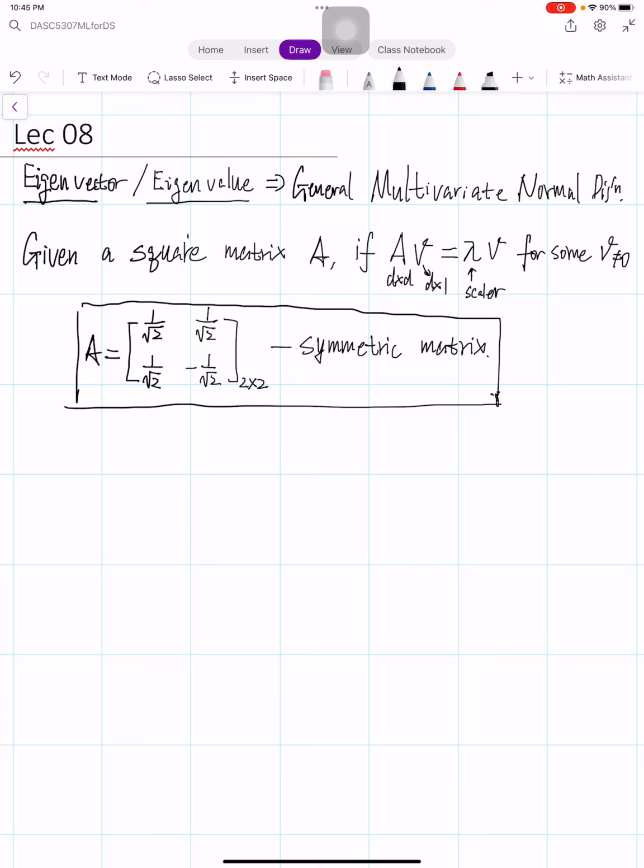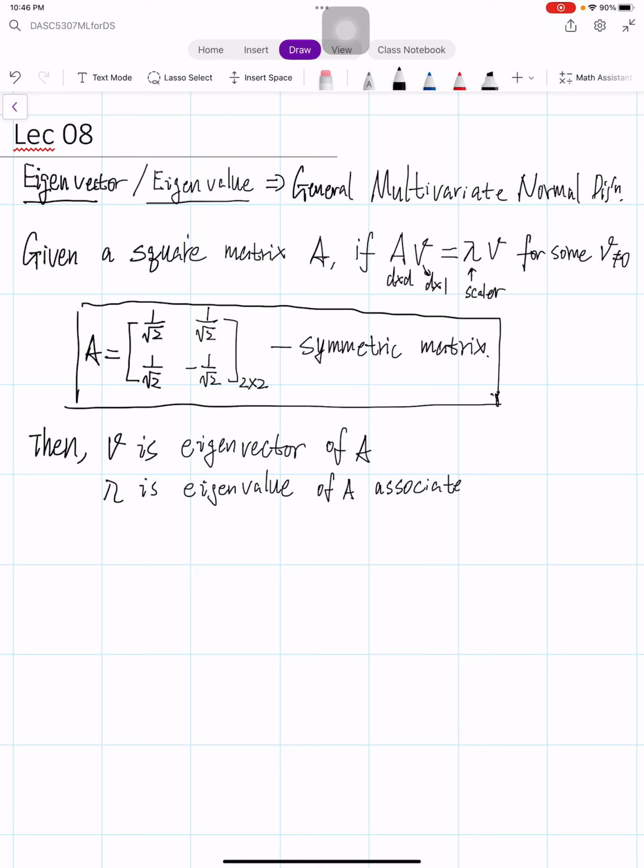If that's the case, then we say nu is an eigenvector of A, and lambda is the eigenvalue of A associated with the eigenvector nu.